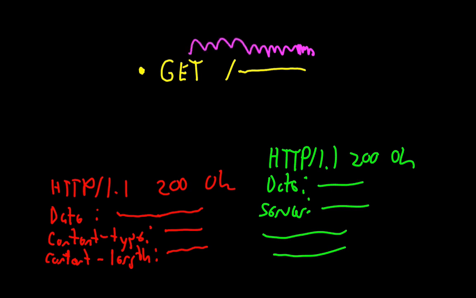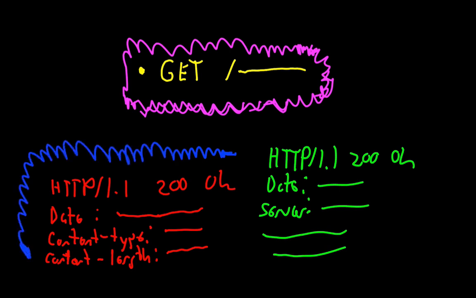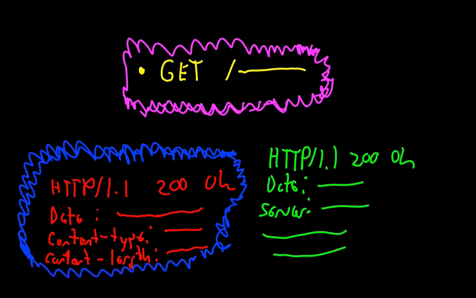JA3 is a way of looking at the handshake process of TLS traffic and generating a hash on the algorithms that both sides present to each other as potential key lengths and ciphers they can use to communicate. And it turns out that these presented ciphers and key lengths are a great way to fingerprint the applications on each side of a communication.